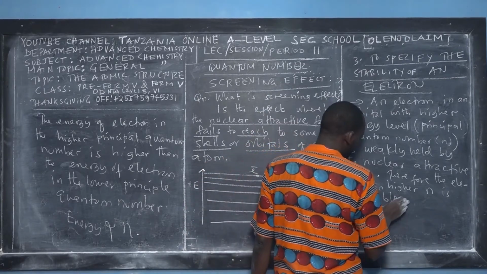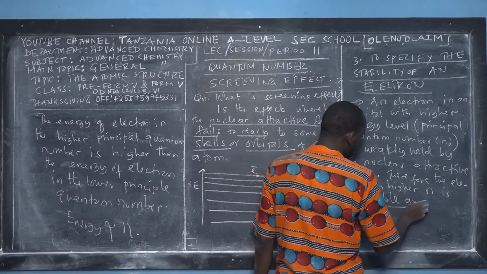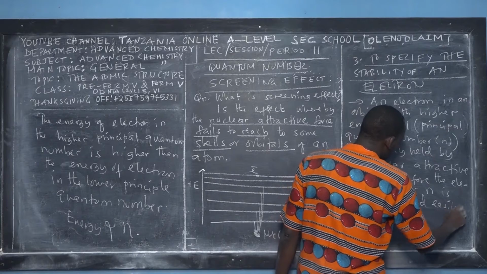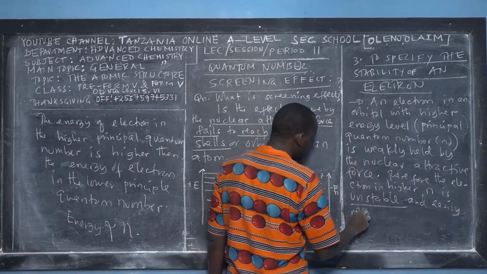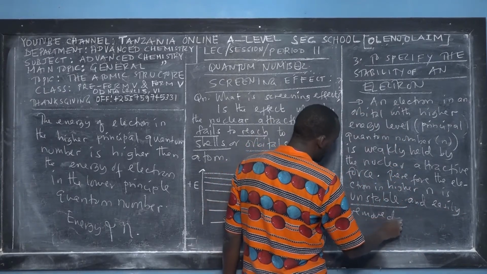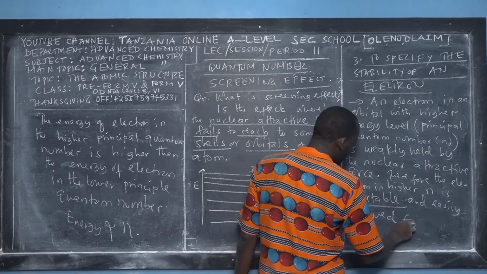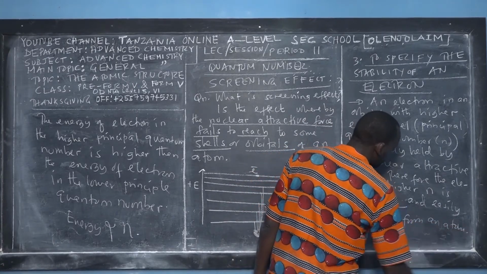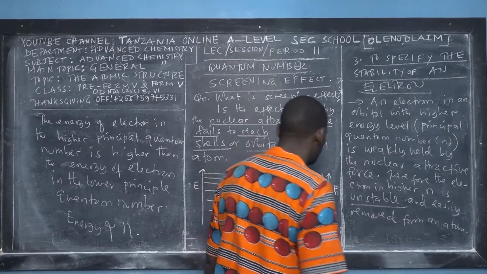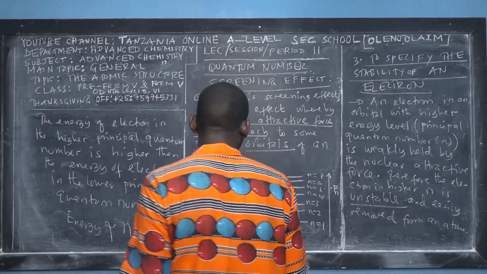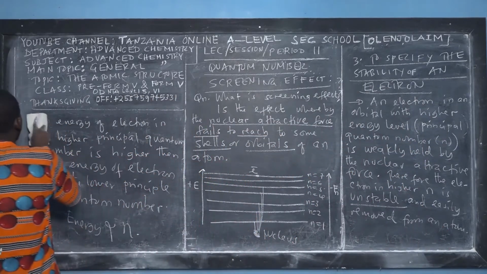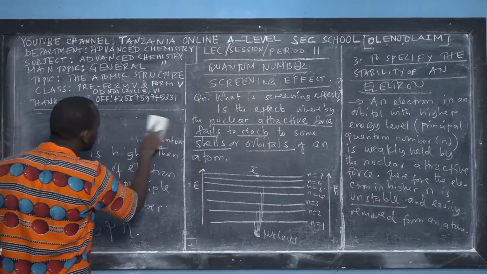So we have discussed stability, and easily removed means ionized, removed from an atom. So the first and second sentences describe the stability.